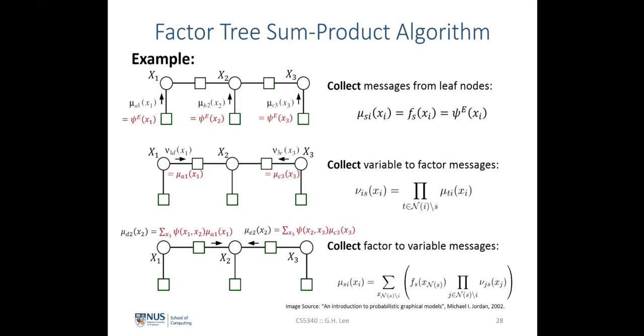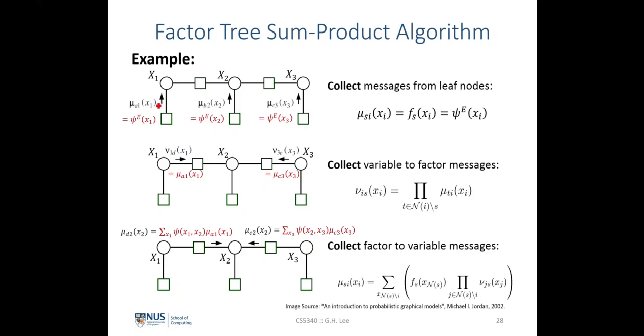on this factor tree. So following the pseudocode of the sum product algorithm that we have seen earlier, we start the message passing from the leaf nodes, which in this case over here would be the factor nodes. And since the leaf nodes are the factor nodes, we'll not do anything but simply propagate the factors into the next level of the random variable nodes over here.